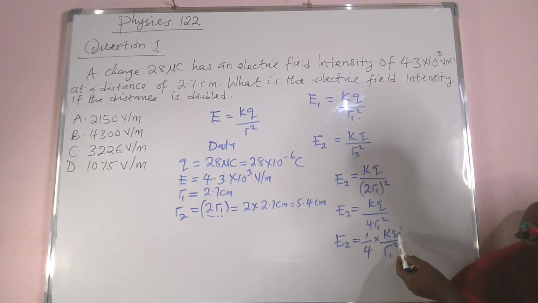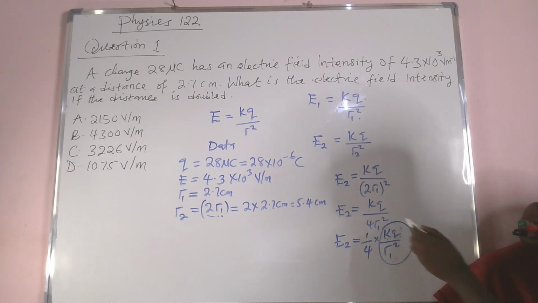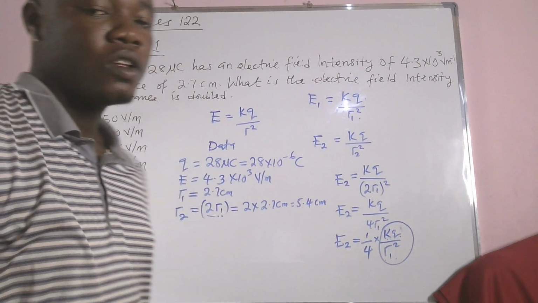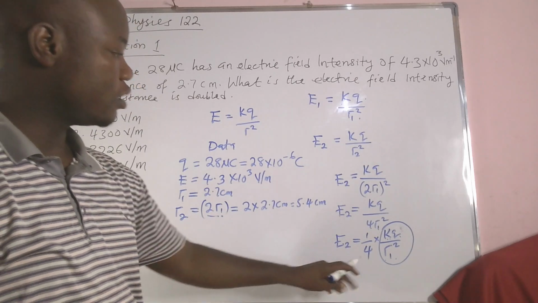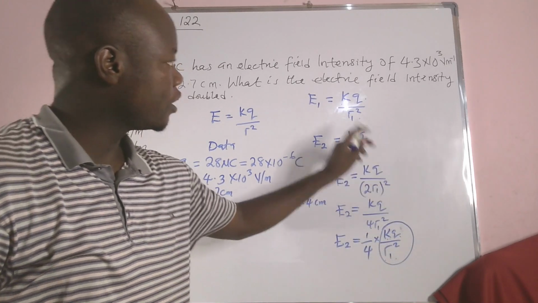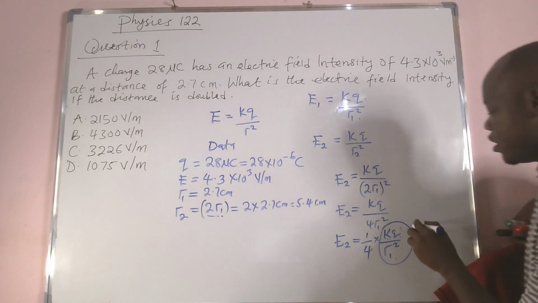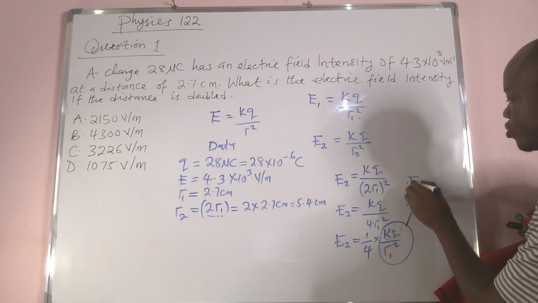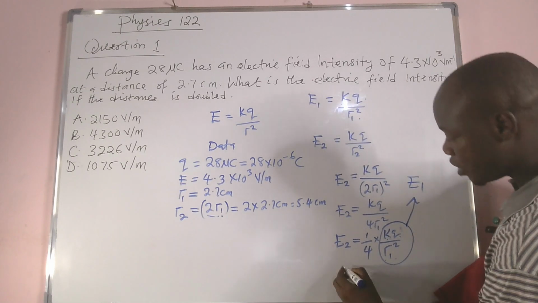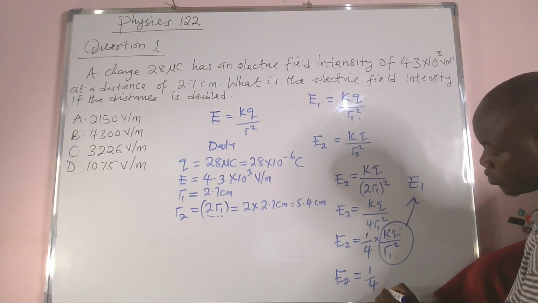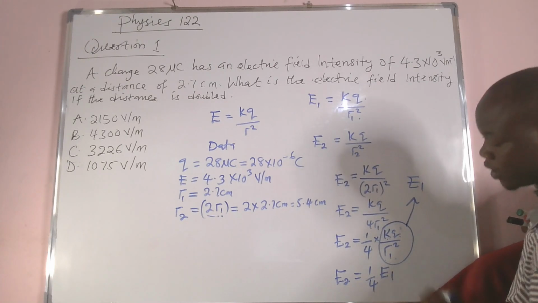So here we also have KQ all over R1 square. As we can see, ladies and gentlemen, KQ over R1 square is the same thing as E1. So therefore our formula is now E2 is equal to 1 all over 4 E1.